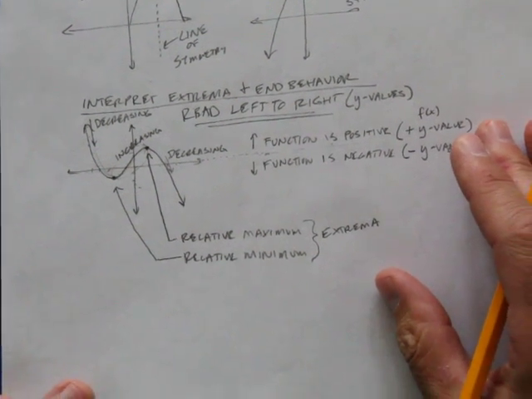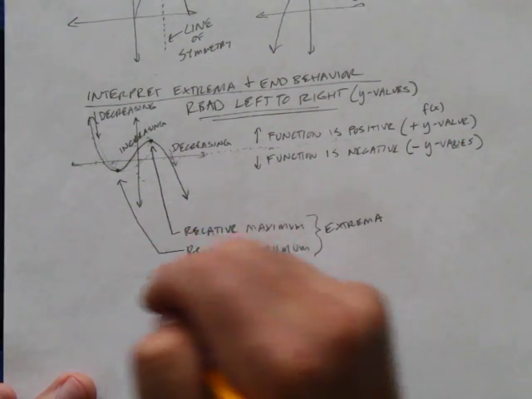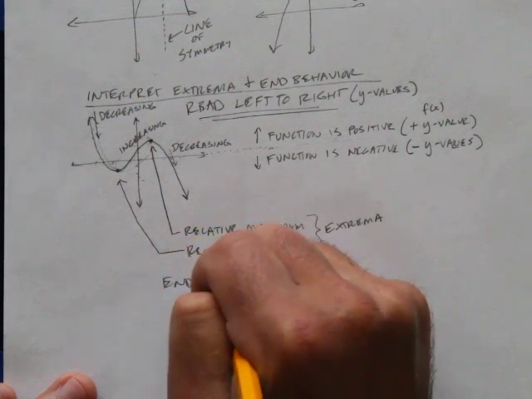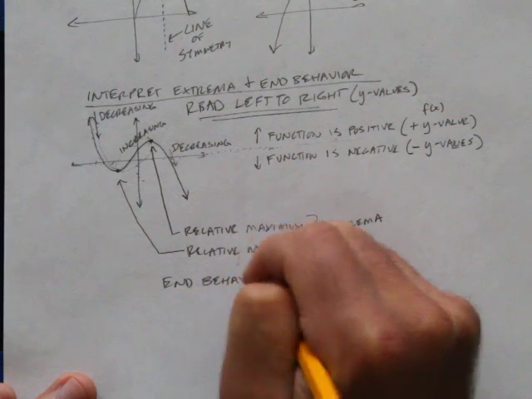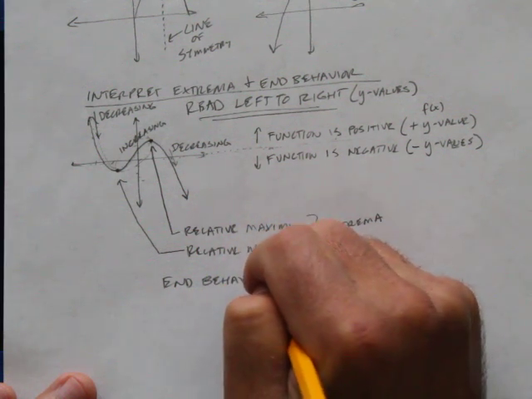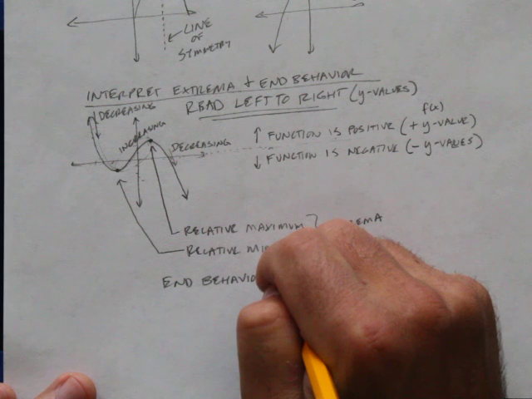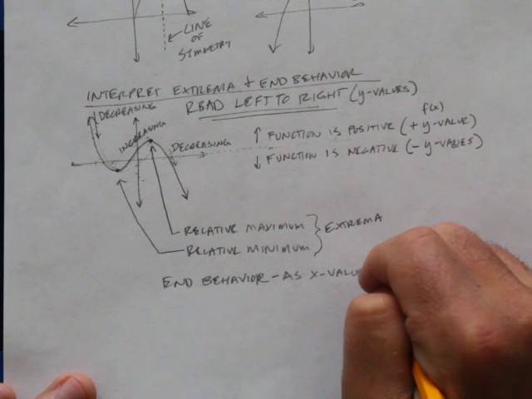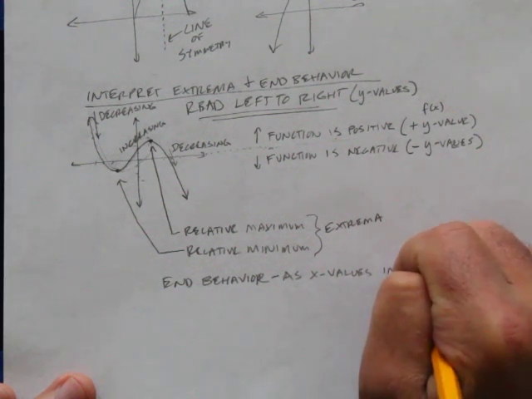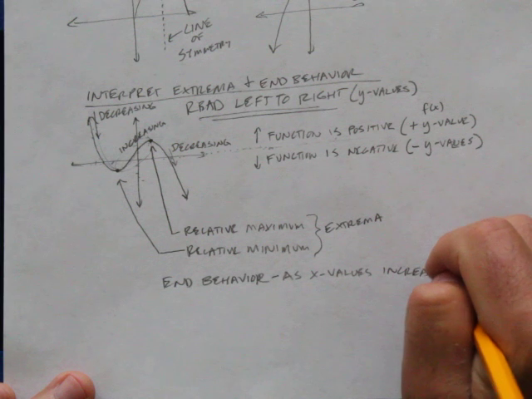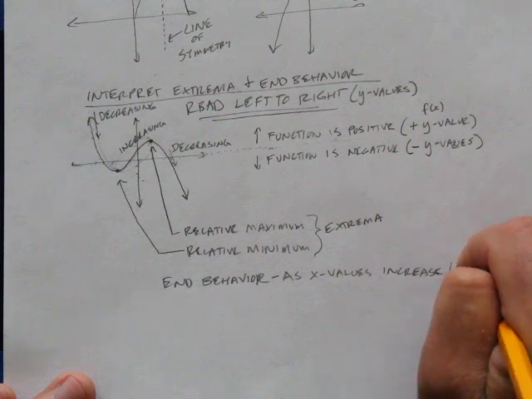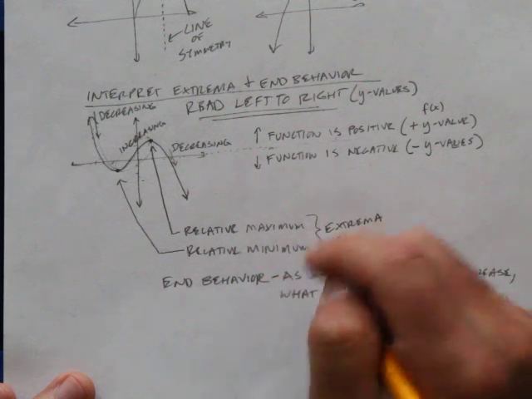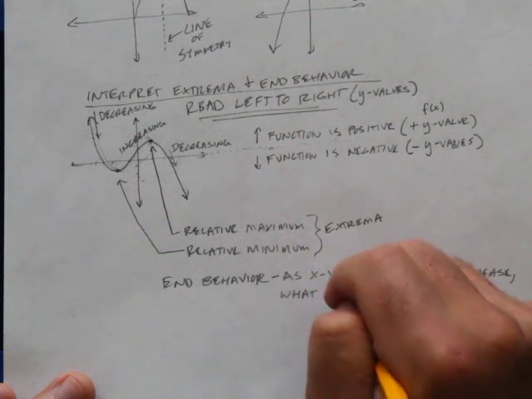Now, end behavior. The way we think of that is as x values increase, or decrease, what is f of x doing?